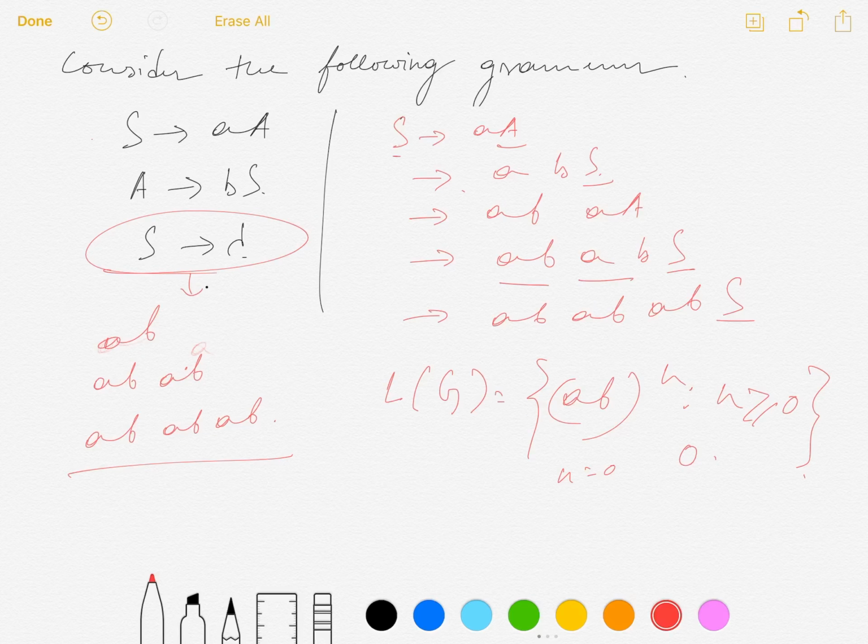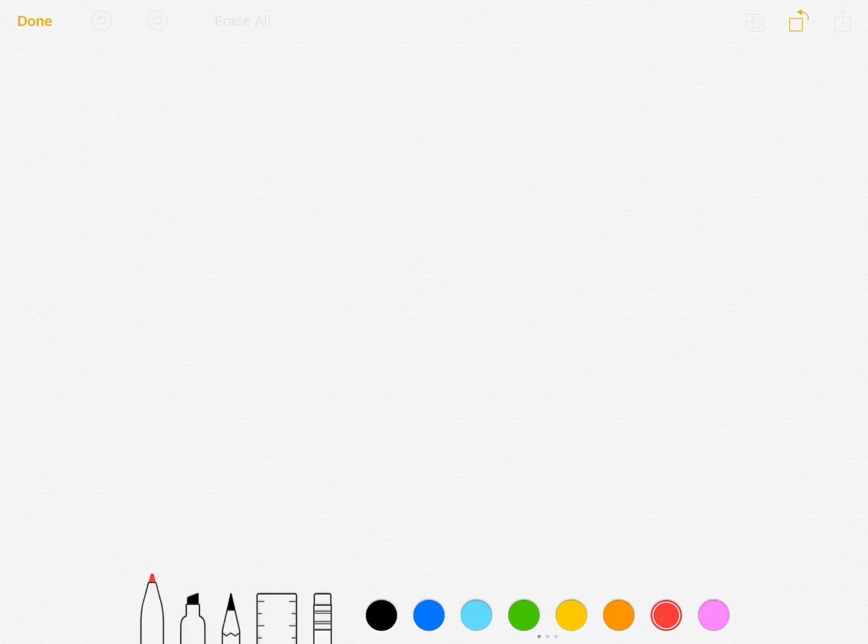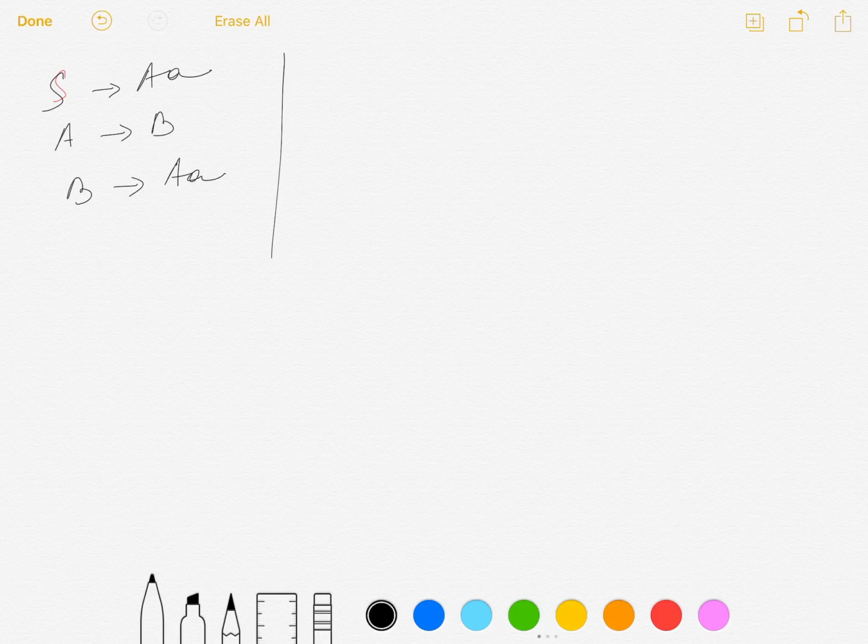Now, let us solve another problem, where the grammar is given and I have to find the respective language. S to A, A to B, B to A. Now, try to solve in the same manner.